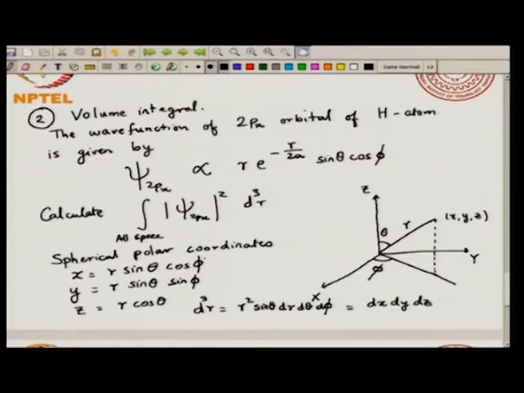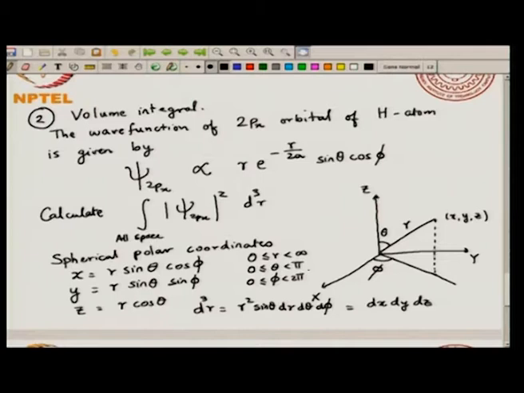Just a little bit more information. The range of variables: 0 less than or equal to r less than infinity, 0 less than or equal to theta less than or equal to pi, 0 less than or equal to phi less than or equal to 2 pi. These are the ranges of variables.